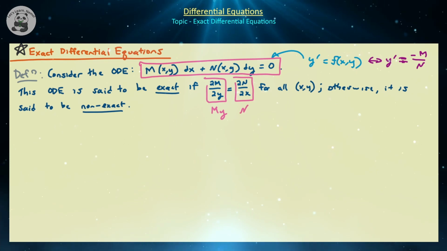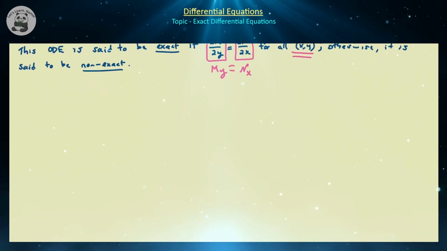Some people will write it as N subscript x. And if these two partial derivative functions are equal to each other for all variable values x, y in their associated domain, then we say that differential equation is a first order exact ordinary differential equation. And if M_y and N_x are not equal to each other for all x, y, then we say that that differential equation is a non-exact differential equation.